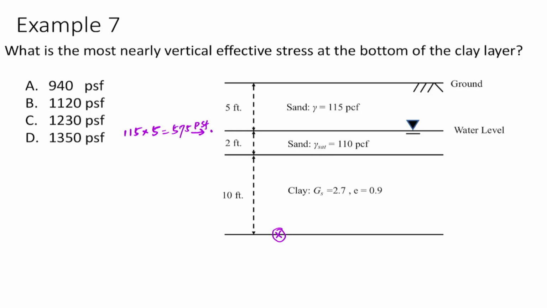And the second layer, right over here, on top of that 575, you have a sand layer, but the saturated unit weight is 110. And again, we want to use the gamma prime.